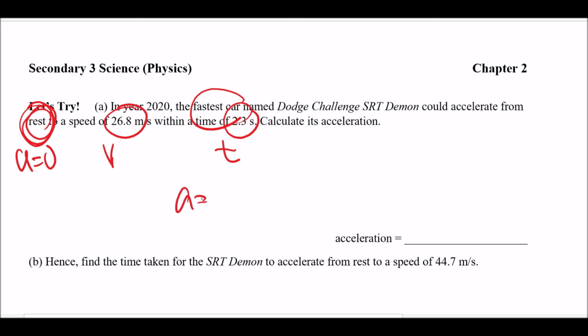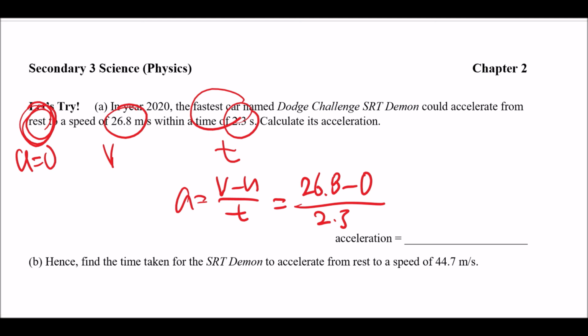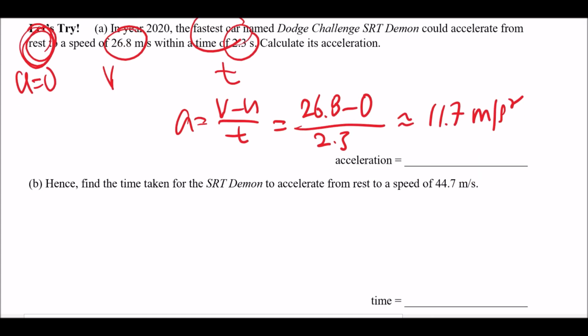So A equals to V minus U over T, where V is 26.8, U is 0, time taken is 2.3. Okay, 26.8 divided by 2.3, that gives me 11.7. Approximately 11.7 meters per second squared is the units of acceleration.